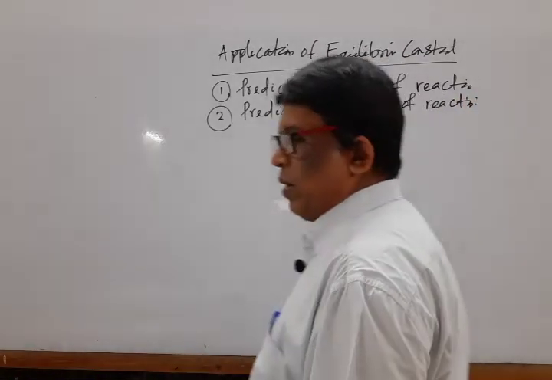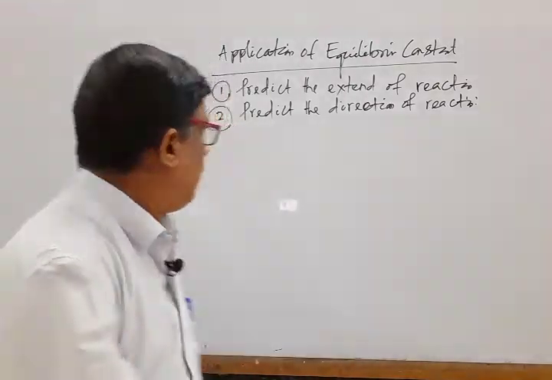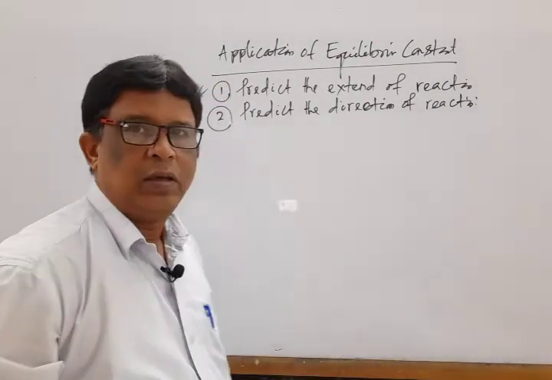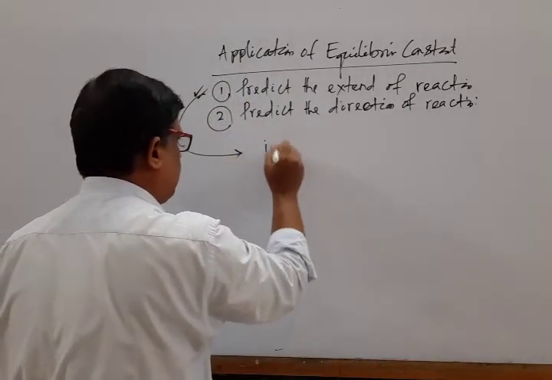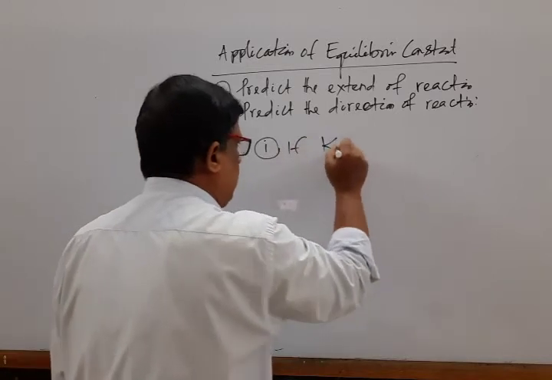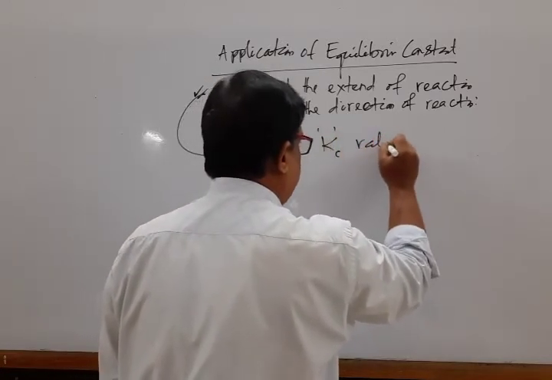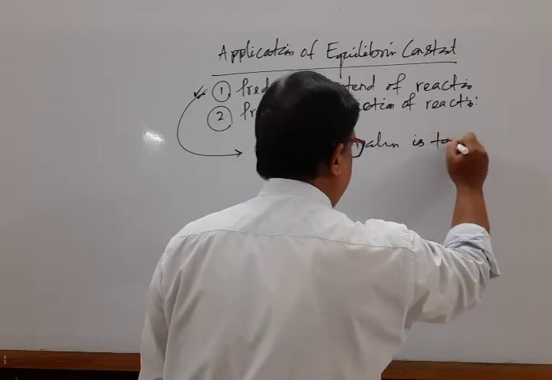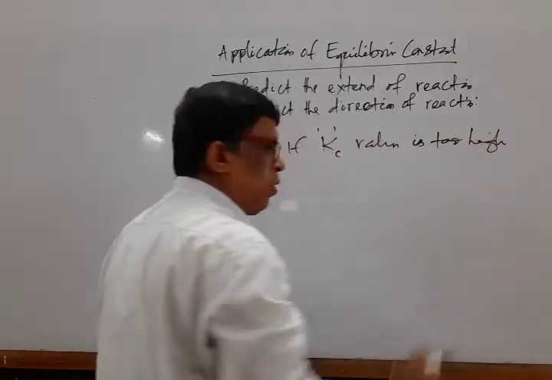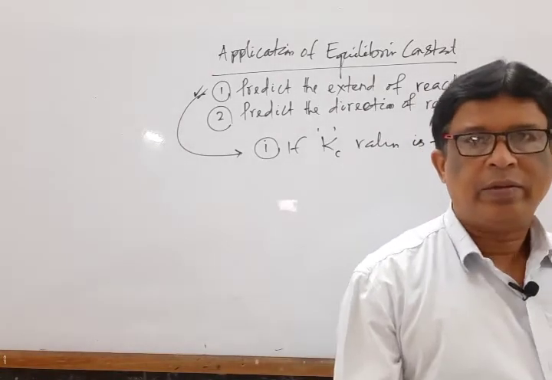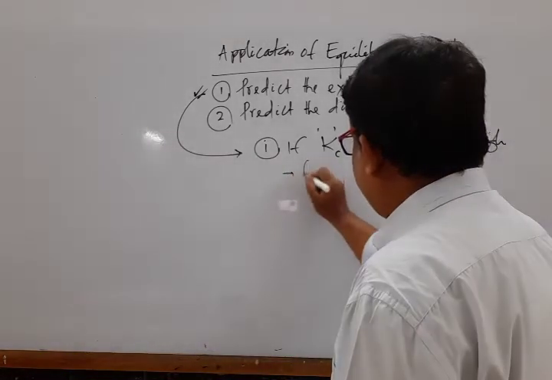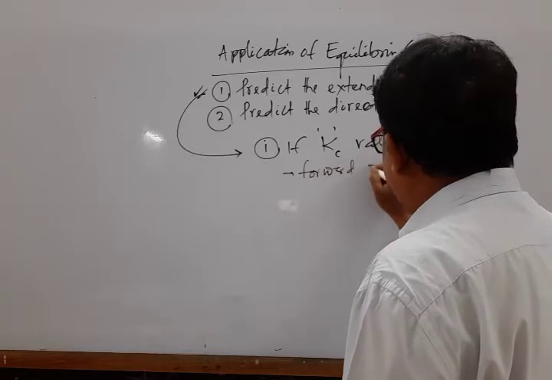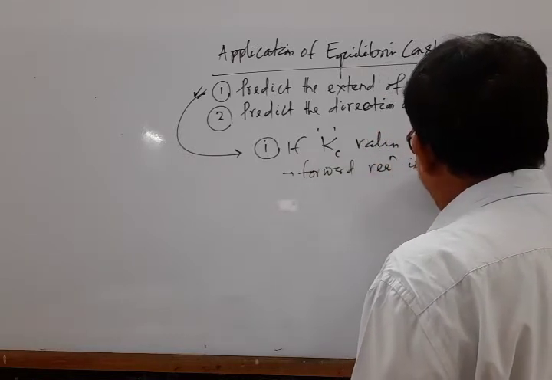Let us discuss one by one. First one is predict the extent of reaction. Mark that, we discuss point 1. If the equilibrium constant value is too high, then it indicates that the forward reaction is favorable.